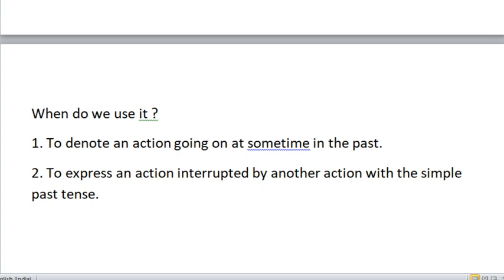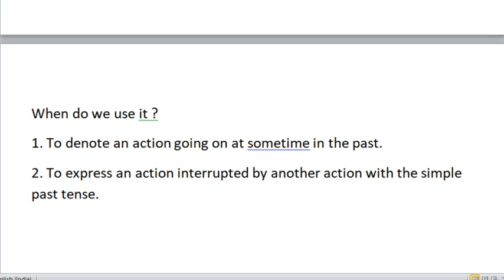Now let us talk about the second use. Listen carefully. To express an action interrupted by another action with the simple past tense. This means this tense is used to express an action interrupted by another action in the simple past tense.